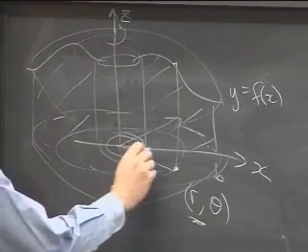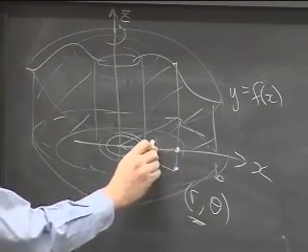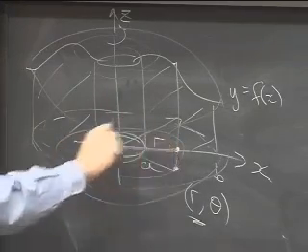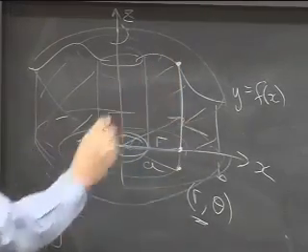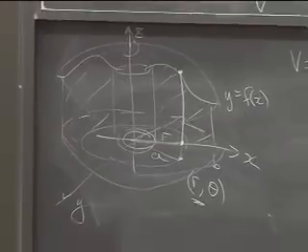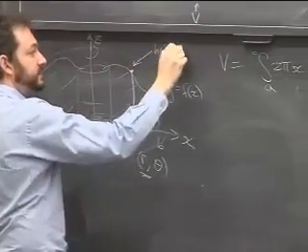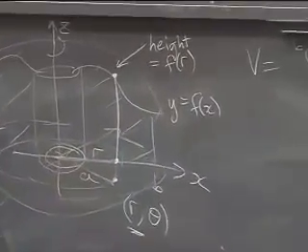And if you think about this point being on the x-axis, if there's a point on the x-axis with x equals r, so that's just the radius along the x-axis, not even including the y-axis, the height is f of x, or f of r in this case. So I'm claiming that the height equals f of r, where r is the cylindrical coordinate parameter.